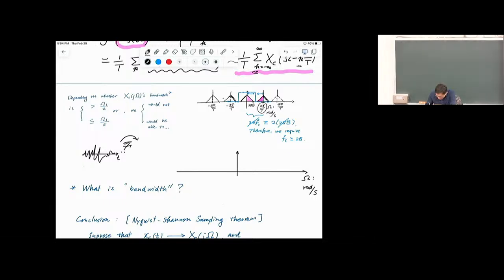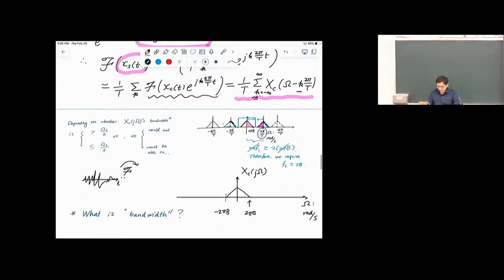At DC, we have this baseband signal, which has a maximum bandwidth of 2 pi B on one side and minus 2 pi B on the other side. So this is our spectrum. The black is the original spectrum, right? But how about after sampling?